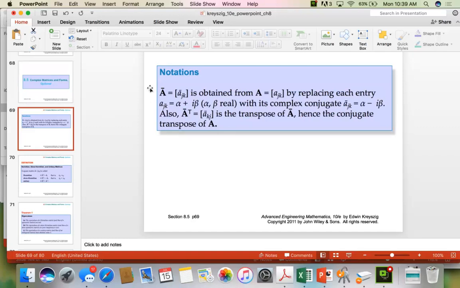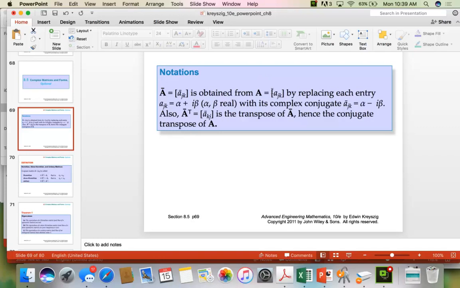So when we have the bold A with the bar over it, that just means if we had some matrix A that had elements a_jk, where jk refer to row and column, then we can take the complex conjugate of that matrix by replacing each element of the matrix with its complex conjugate.